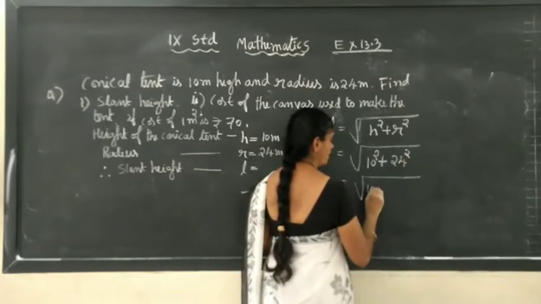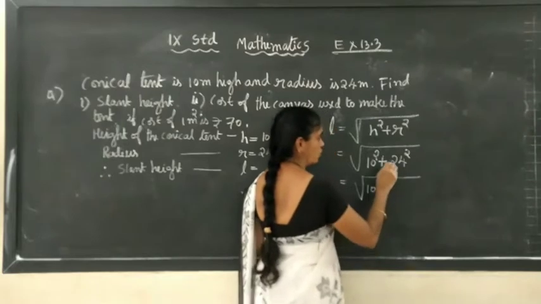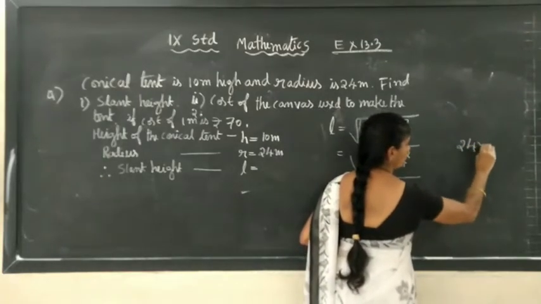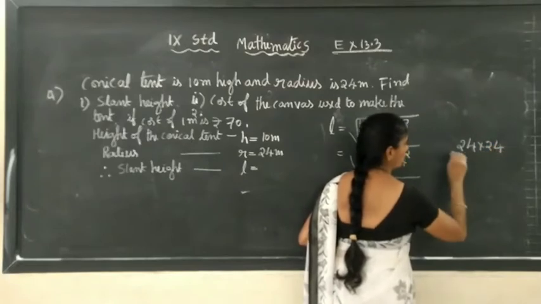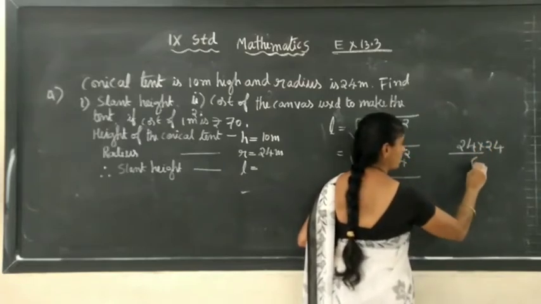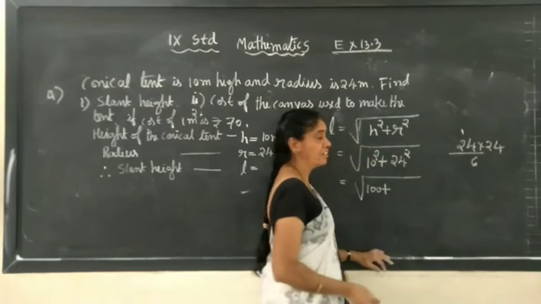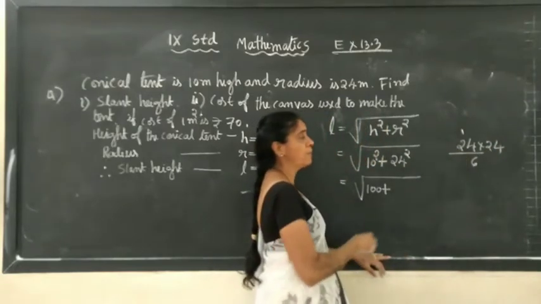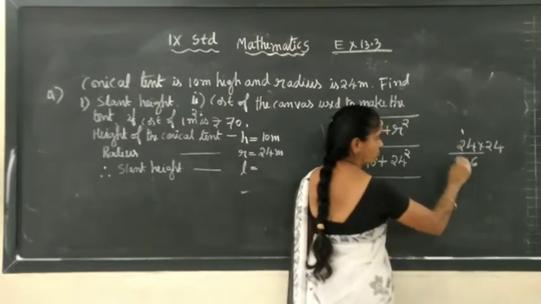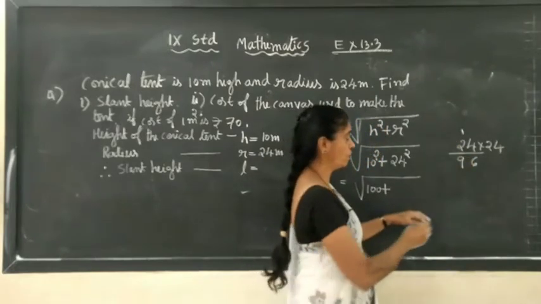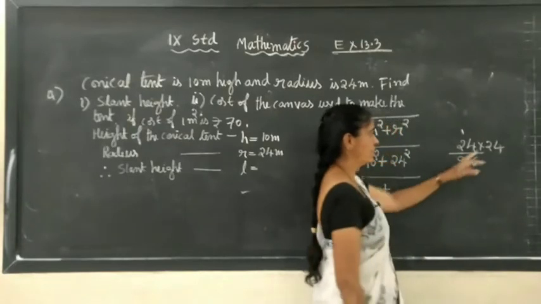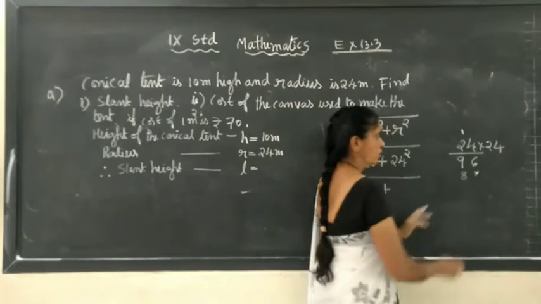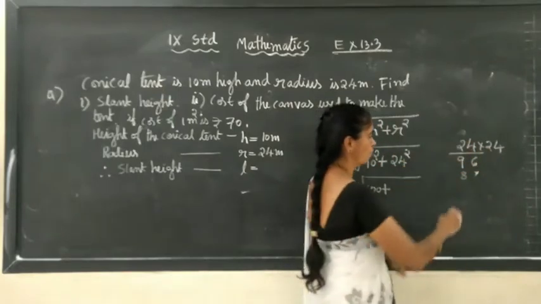10 square is 100 plus 24 square, 24 into 24. 4 6s are 16, 1 in hand, 4 2s are 8 plus 1, 9. Now leave one place here and start with the 2. 2 4s are 8, 2 2s are 4.